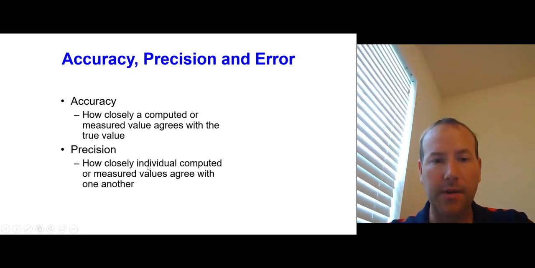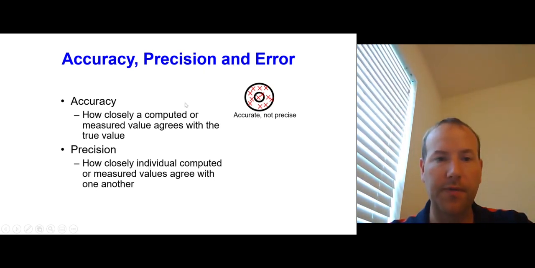So accuracy refers to how closely a computed or measured value agrees with the true value. For example, in this example right here, they're all fairly close to the bullseye, but they're not precise. They're individually far apart from one another. In another case, a precise archer might be doing it very close to one another, but it's far from the desired answer.